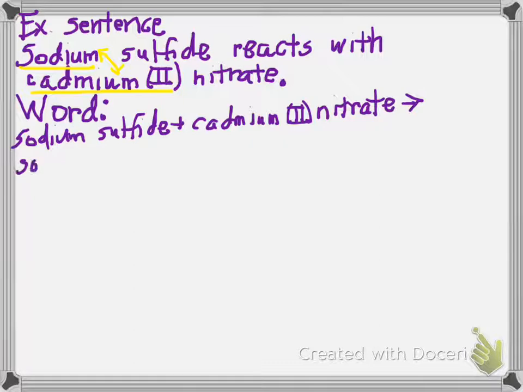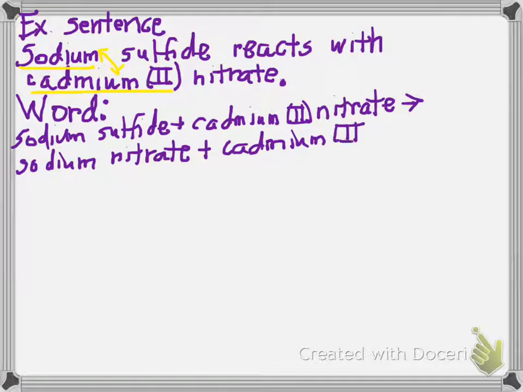So sodium's partner isn't sulfide anymore. Now its partner is nitrate. Cadmium is still going to be cadmium 2, but its partner isn't nitrate anymore. Its partner is now sulfide. Because again, we've had that exchange of positive ions, that exchange of the metals.